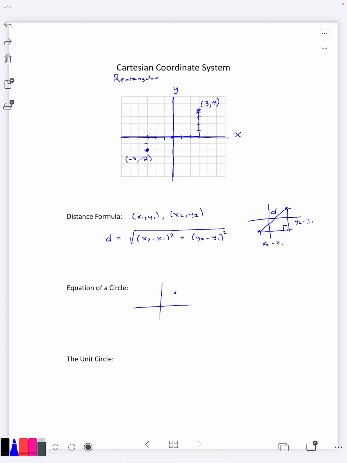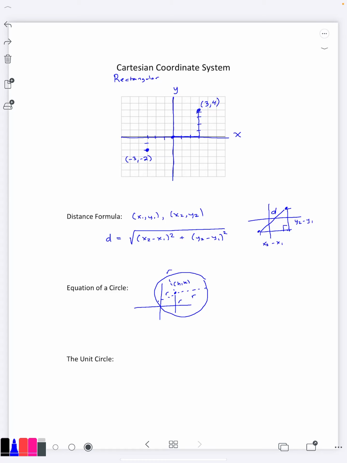So you have a center for the circle, which we're going to call (h, k). And a circle then says, go out a distance of r and find all points, and that's a really horribly drawn circle, but that's okay. Find all points that are r units away from that center, and that's going to be a circle.